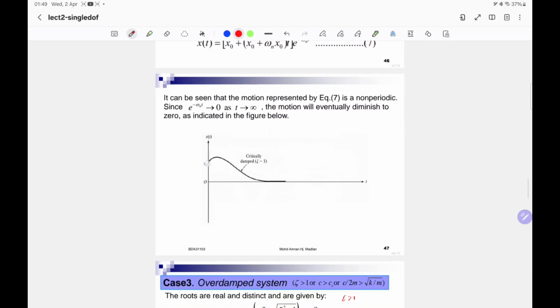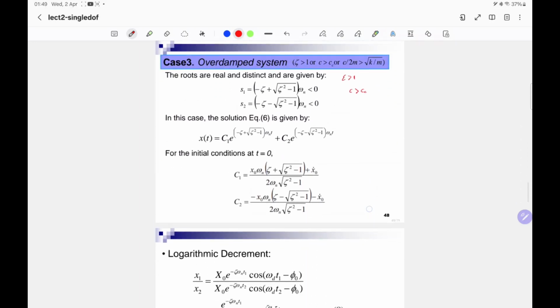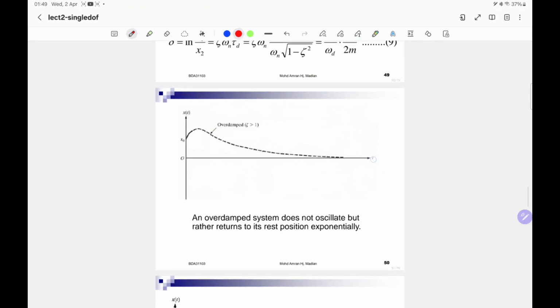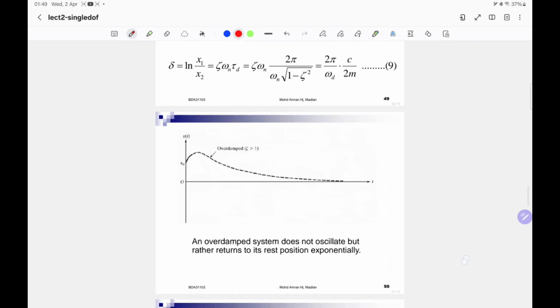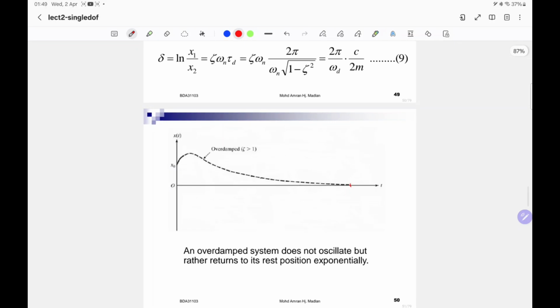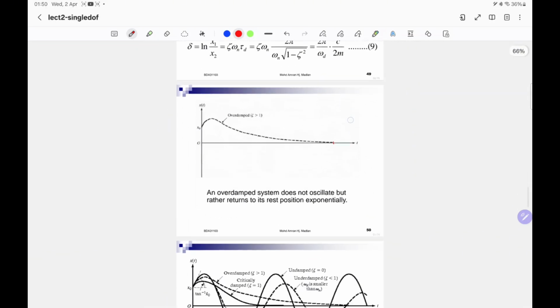You can see that it doesn't oscillate, it just dies out. And if we look at overdamped system, it takes a longer time to die out. Both critically damped and overdamped don't oscillate. It's just that overdamped takes quite a bit longer to die out compared to critically damped.